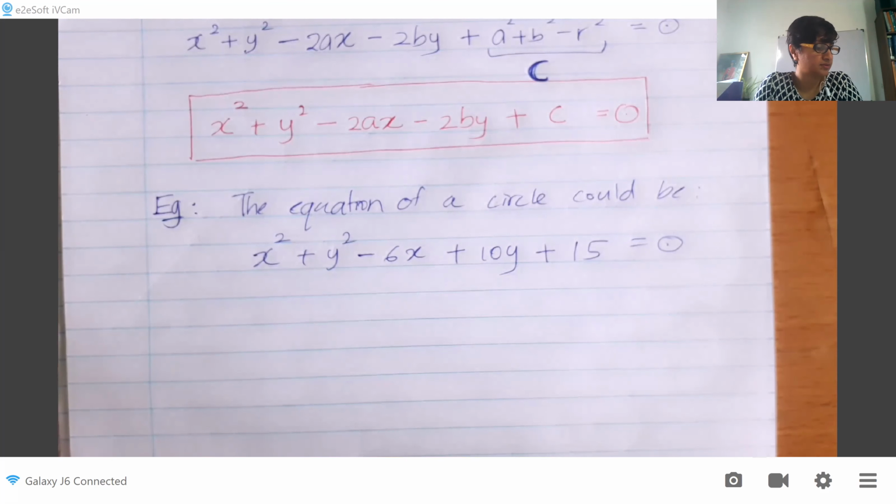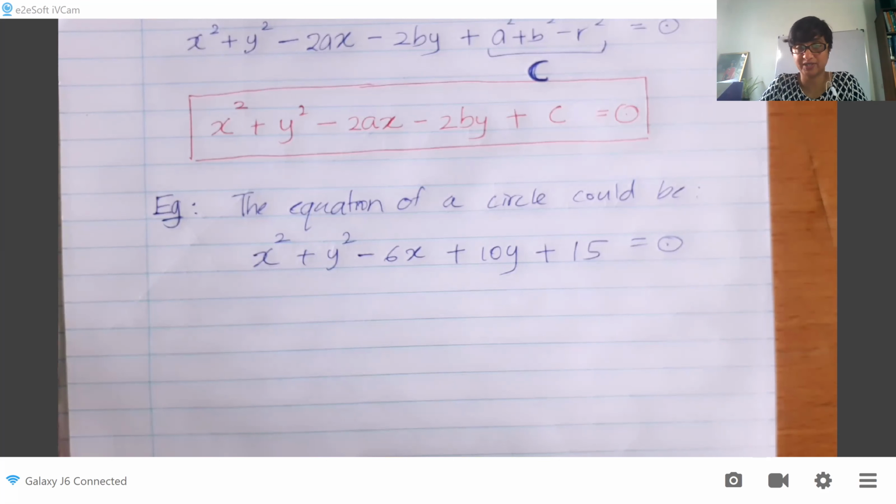Therefore, it is useful to turn the standard form into center radius form by, I will tell you what you are supposed to do in order to do that, by completing the square for the x terms and the y terms separately.